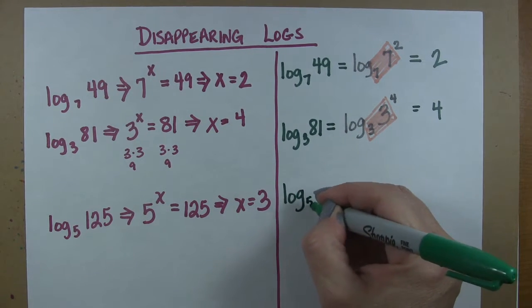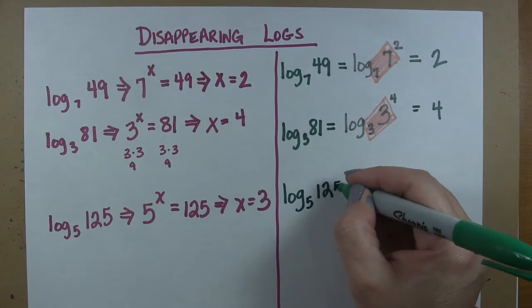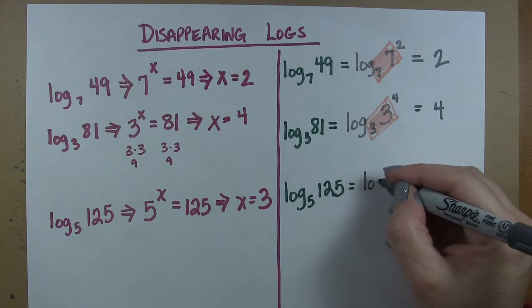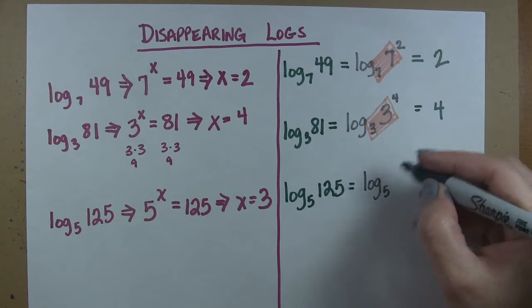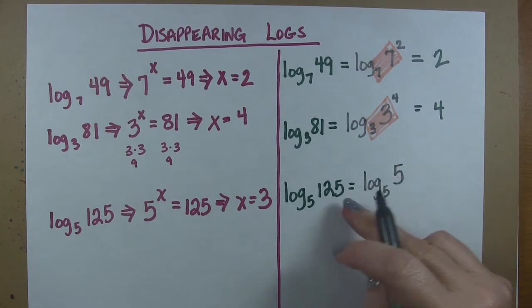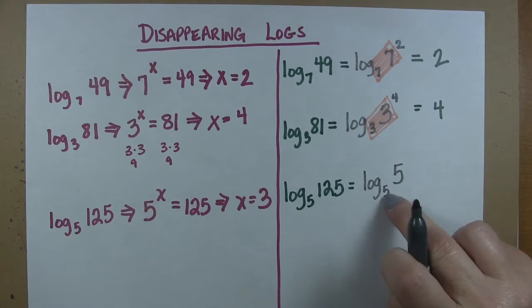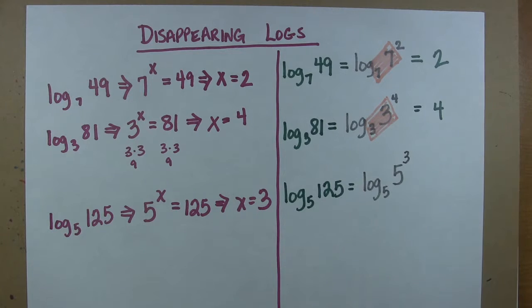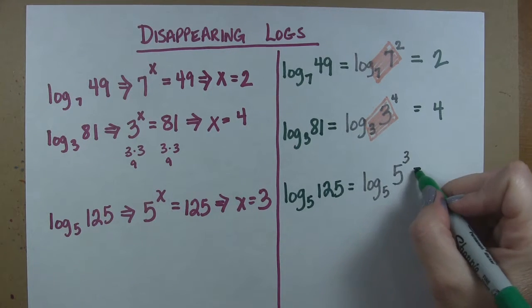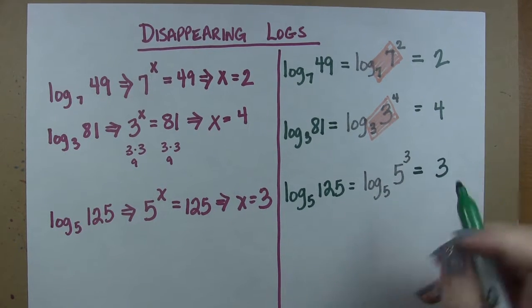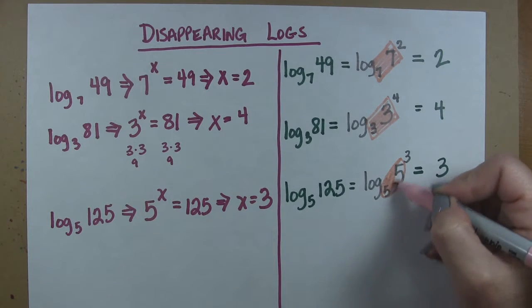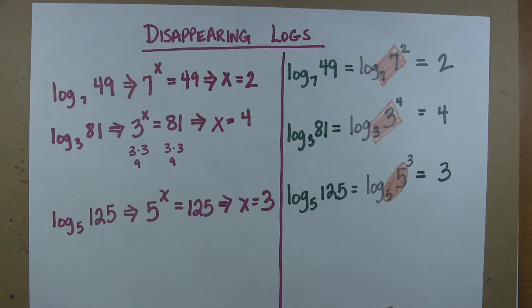Log base 5 of 125. Rewriting that, it's going to be log base 5, and then let's rewrite 125 in terms of 5 so that these two numbers match. That will be 5 to the 3rd. Then the answer is simply 3, because these two cancel each other out.